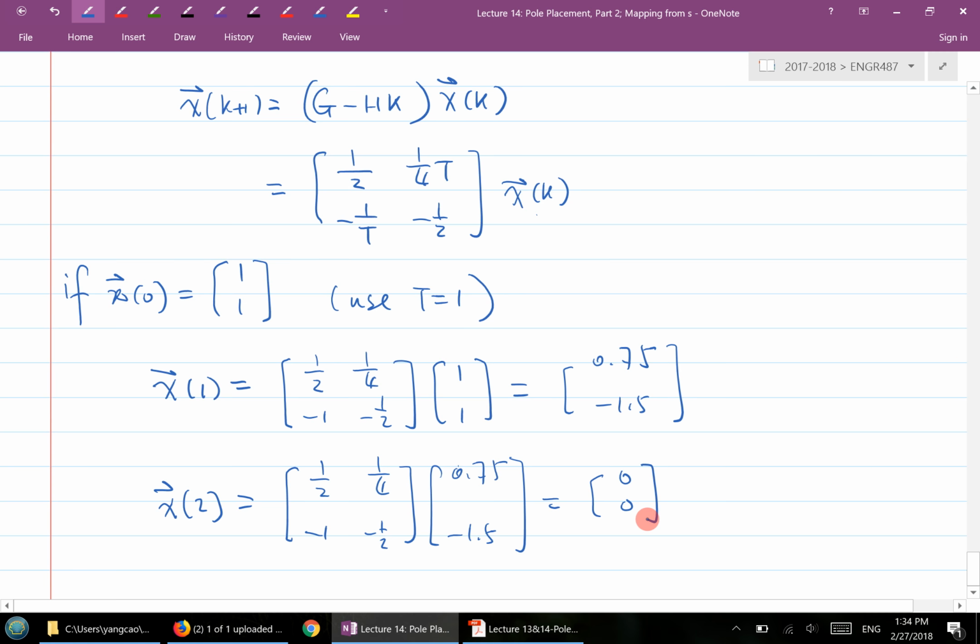So basically, if you plot the response for x1 and x2 of k, x1 starts from 1.75 back to 0, and the other one is 1, negative 0.1, negative 1.5, and then back to 0. The second one seems to be pretty jumpy, from positive to negative, and then back to 0.